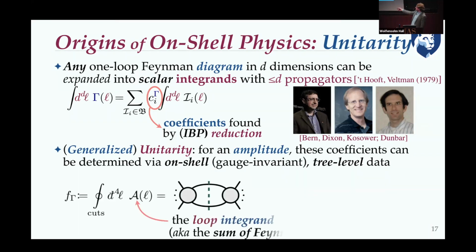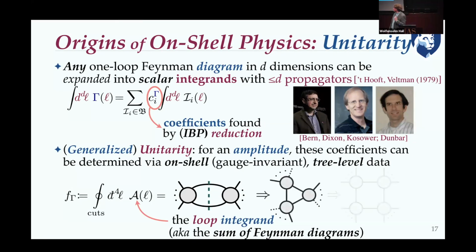So if you took this, say, unitarity cut of the loop integrand, so don't do an integral over all of loop momenta, but just do it on a contour that puts these particles on shell, then you break up a one-loop graph into trees. And you can keep going and construct these coefficients directly in terms of on-shell diagrams or on-shell functions. And this allows you to construct them in a gauge invariant way.